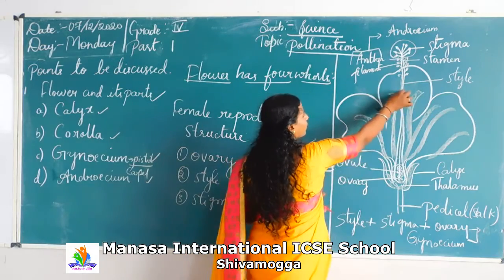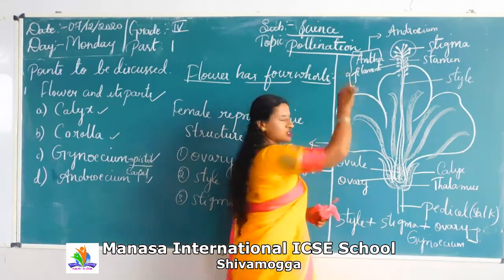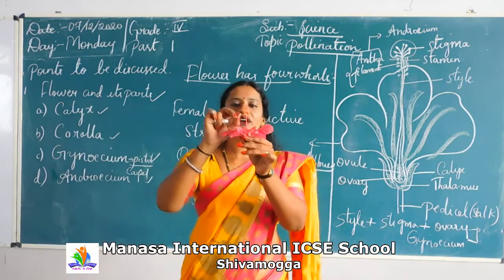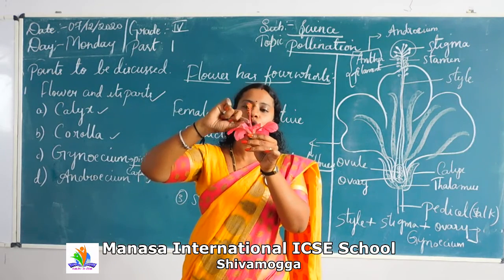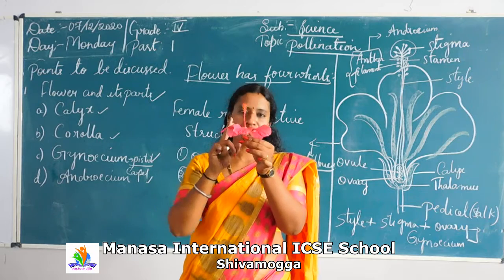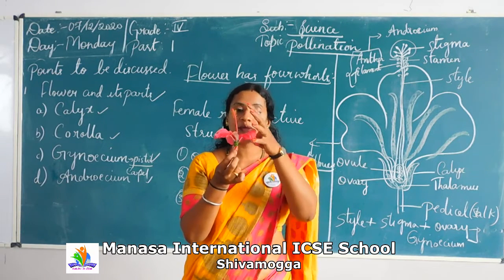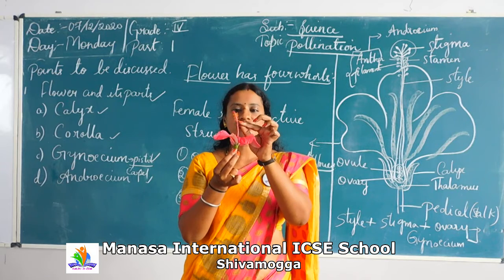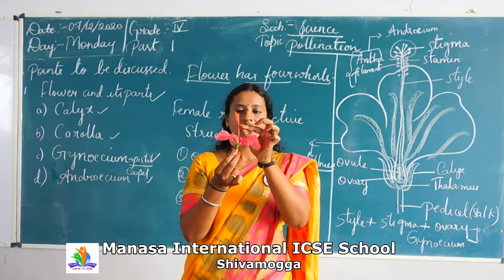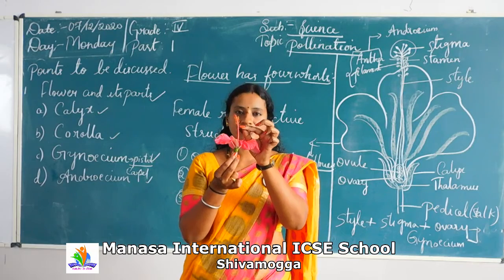Along with this, we have the male reproductive structures. We have tiny structures found around the style. You just pluck one hibiscus flower, and you can observe the different parts. These are called the stamens.